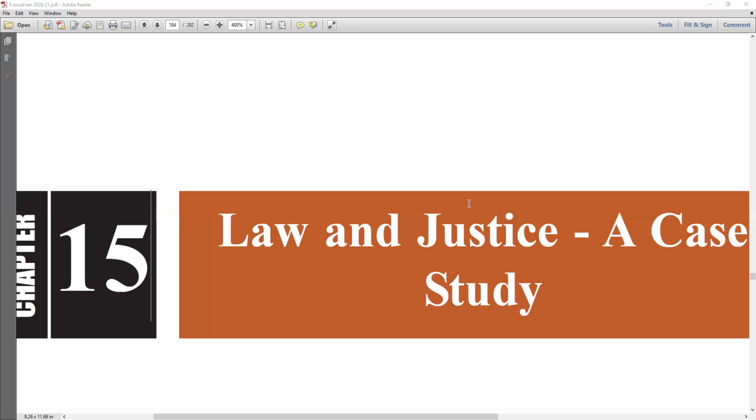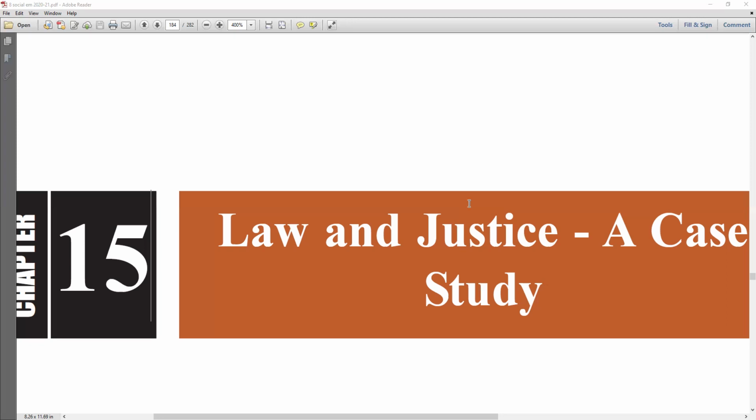This is the relation between law and justice. Government makes the laws, that you have learned in class 7, right? Do you remember? Government makes the laws, and if they are violated, courts will deliver you justice. That is the relation between law and justice.